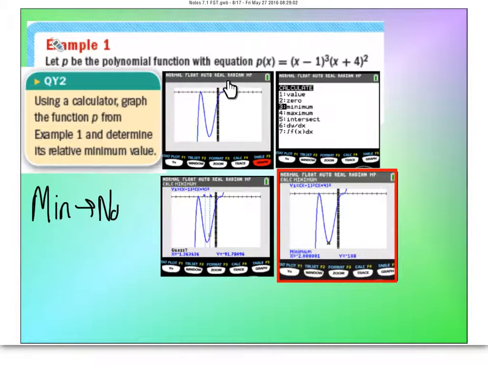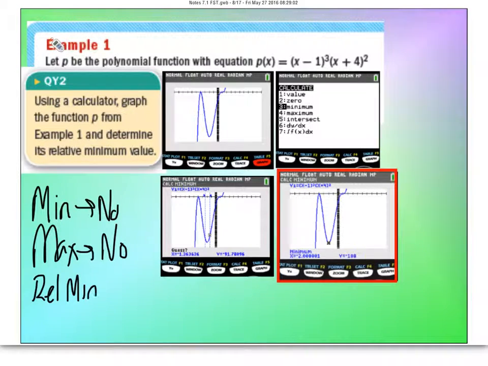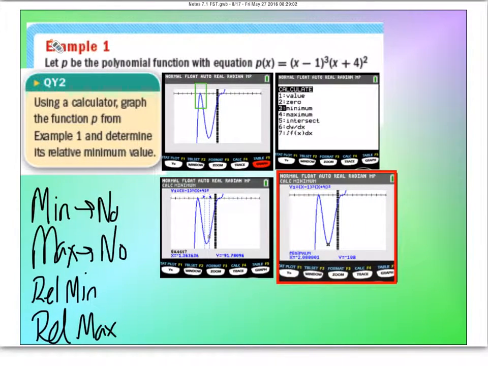There is no max because it goes to positive infinity. But is there a relative min or is there a relative max? If we take a look at it, we can see right here that's going to be a maximum. And then if we do another one, we're going to have a minimum down here.